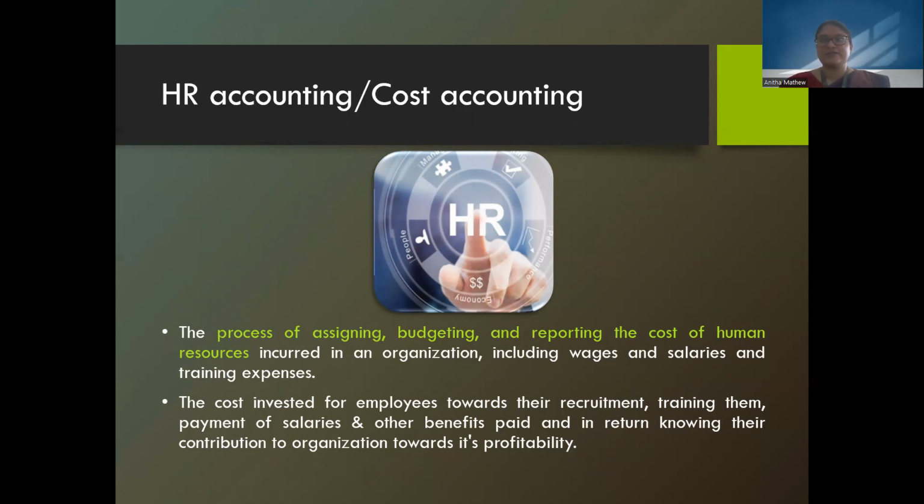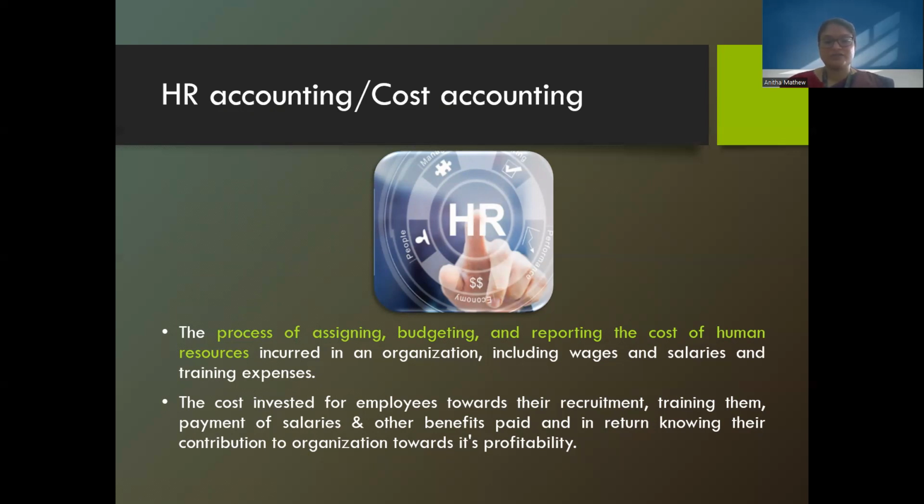Now, according to the owner, if he has paid 10,000 rupees per month on a particular employee, that employee should work and perform in such a manner that he is able to return either 10,000 rupees or more than that to the employer in that same month. So this talks more about the value that the employee is giving to the organization.